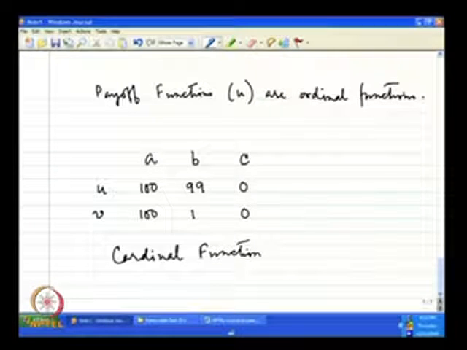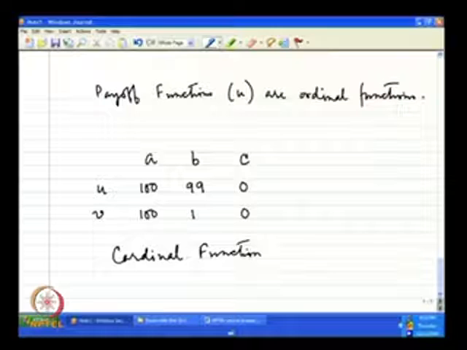For example, if this U and V had been cardinal, I would have said that the preference of B over C is much more in U, because the difference is between 99 and 0, whereas in V, B is liked over C, but not that much as in U, because here in V the difference is between 1 and 0.